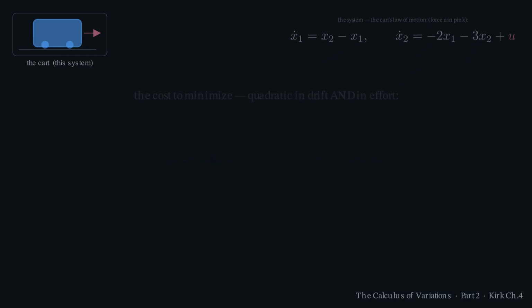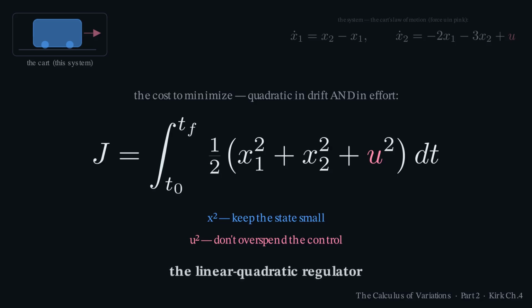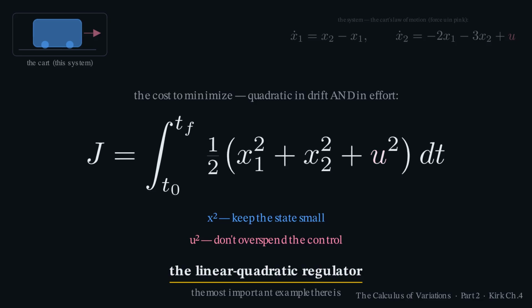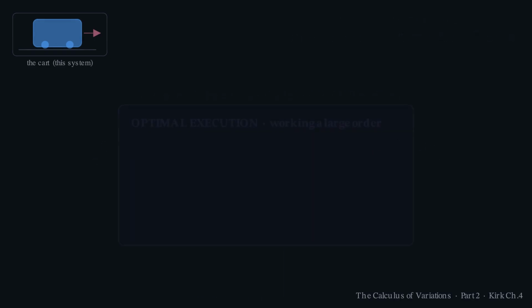The cost to minimize: the integral of 1/2 times x1 squared plus x2 squared plus u squared. Read it aloud. Keep the state small, that's the x squared terms. But don't spend too much control doing it, that's the u squared. A linear system with a quadratic cost. The linear quadratic regulator, the most important example there is.